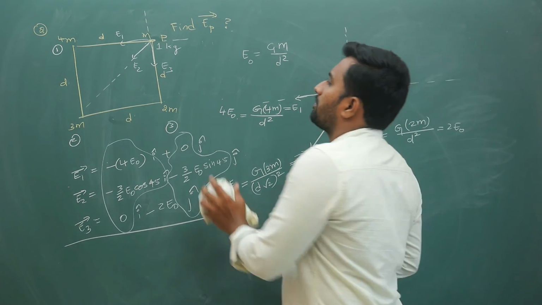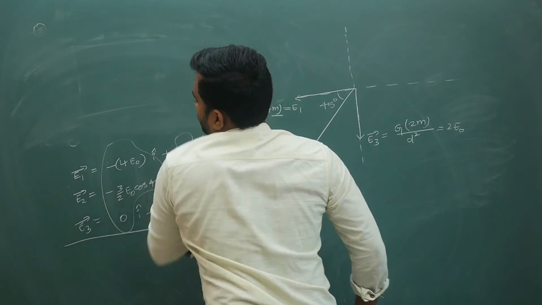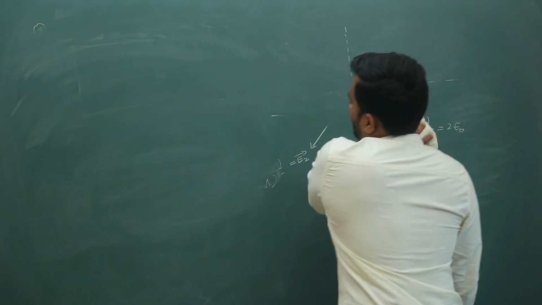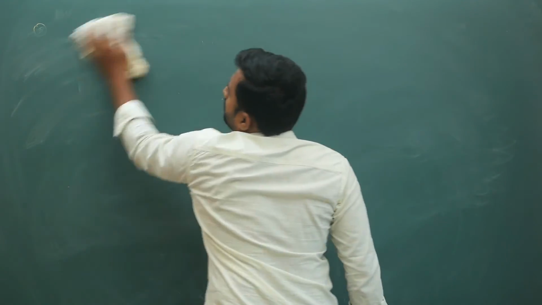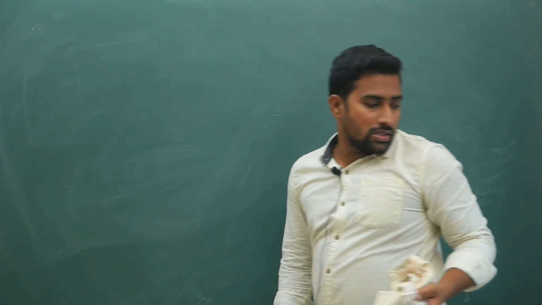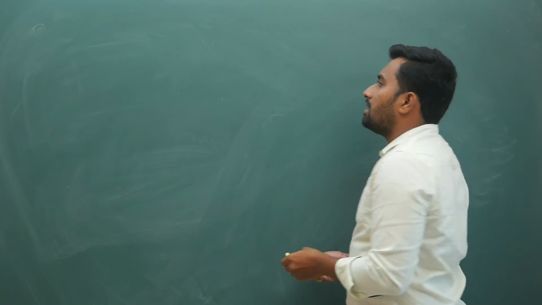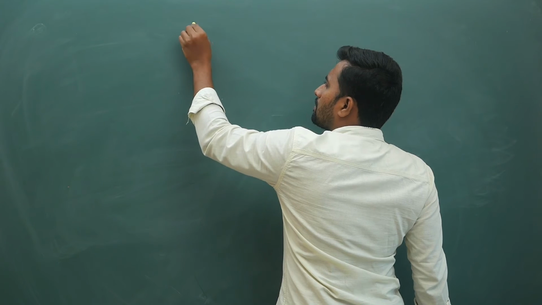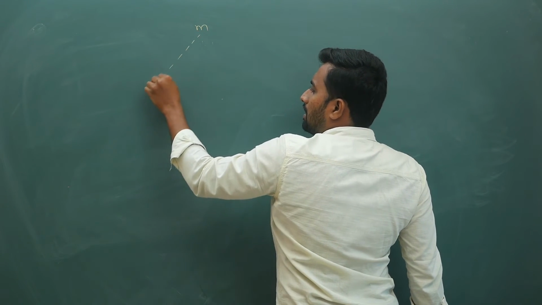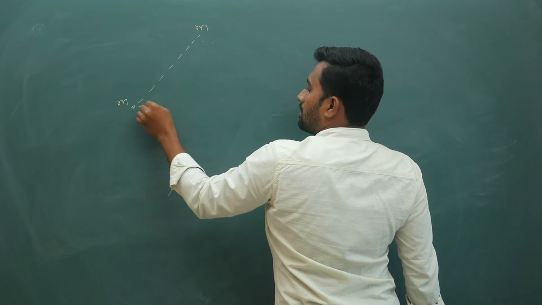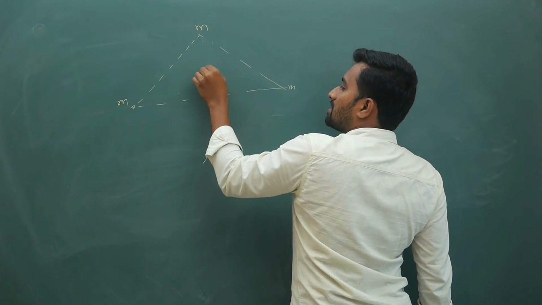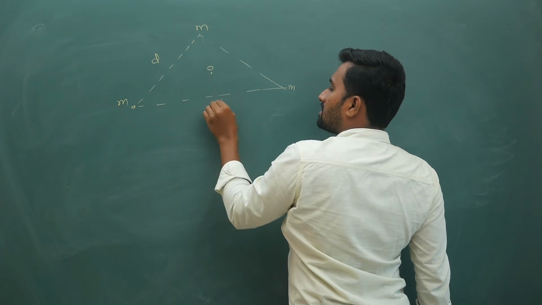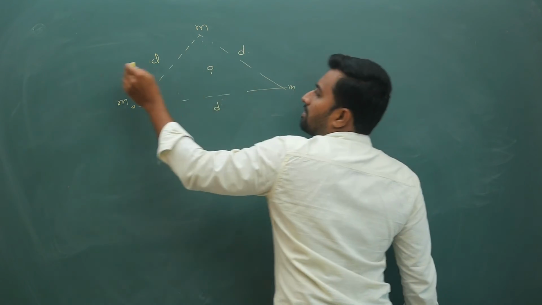So next, let us say you have 3 masses like this, each of mass m, and this is the centroid O. Side distance is d.